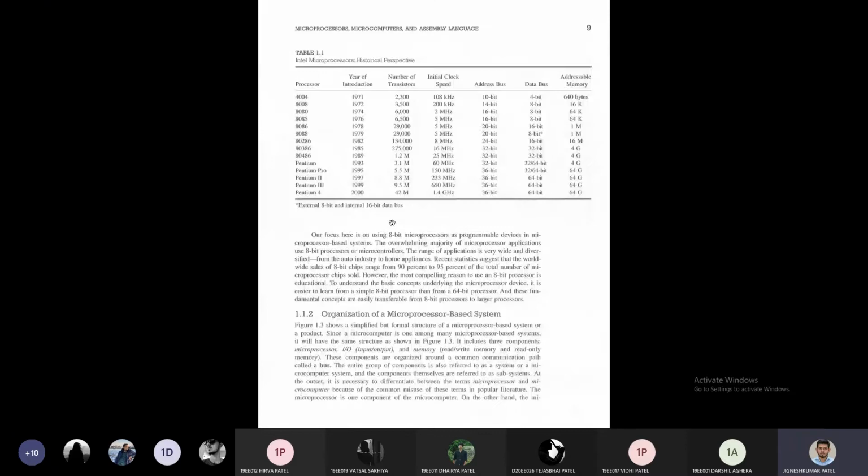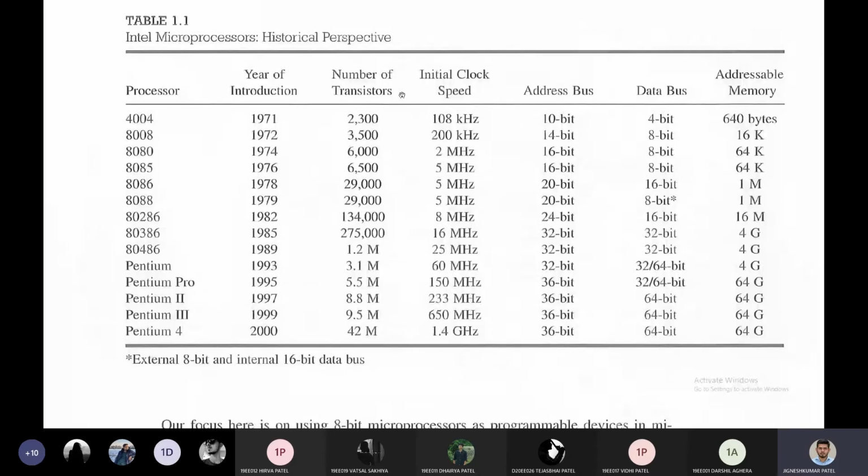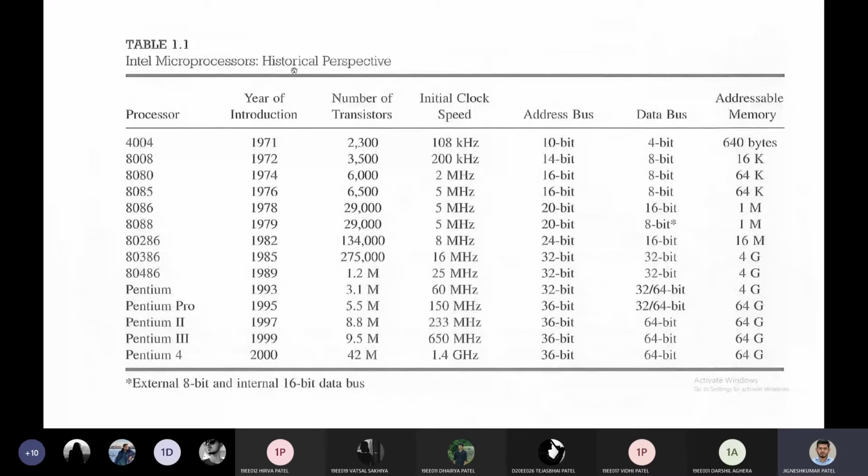Then this is the evolution of processors. See, Intel microprocessor historical perspective. Since 1971, they started to build processors. The first processor that they built was the 4004.